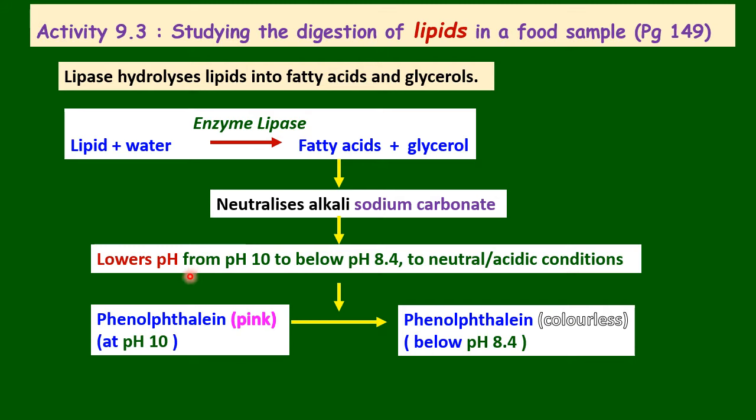By doing that, it lowers the pH from pH 10 to below pH 8.4, and it can even reduce the pH to neutral and then acidic conditions. Below pH 8.4, the phenolphthalein, which is pink at pH 10, will then turn colorless.